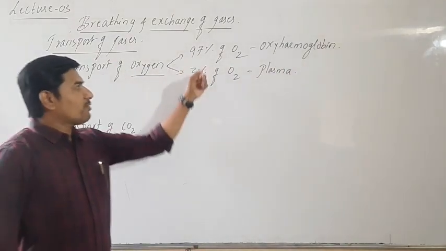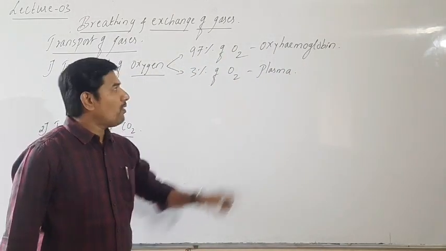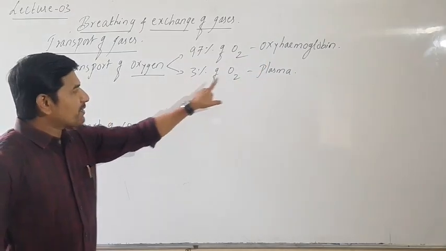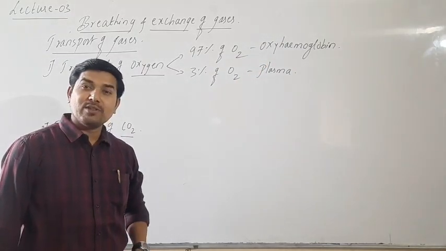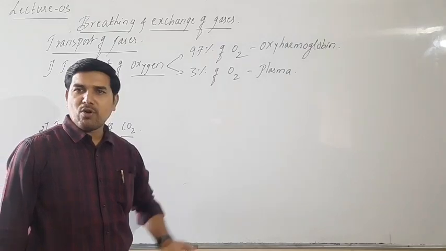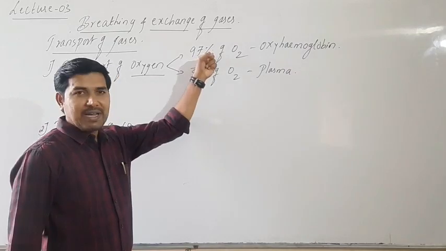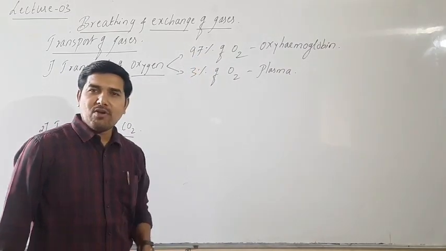So 97% of oxygen is transported in the form of oxyhemoglobin, and 3% is transported through the plasma. This is by hemoglobin, this is by the plasma of blood.